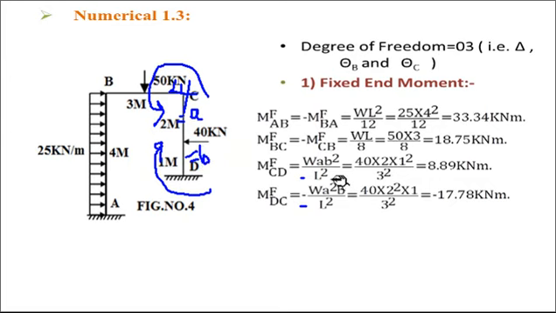So the equation for CD for this moment is W a b square by L square. W is 40, 2 into 1 square divided by 3 square, is equal to 8.89 kilonewton meter positive anticlockwise. Fixed end moment at D, MF DC, is minus W a square b divided by L square. W is 40 into 2 square into 1 divided by 3 square, is equal to minus 17.78 kilonewton meter. So these are the fixed end moments.